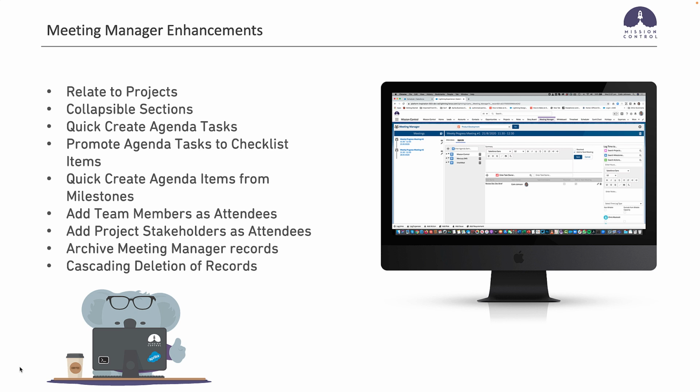And there's also logic being added that will perform a cascading deletion process. So for example, if I delete the meeting manager, it will delete the related meetings, attendees, and so on. If I delete an individual meeting, that would also delete the related attendees and agenda items and so on.